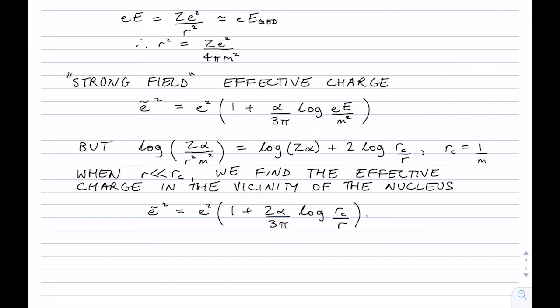By the way, the log Z alpha doesn't matter too much, because it's constant in R and we can neglect it. We also neglected a similar term when we made the original strong field limit for the magnetic field, when we took away the part of the integral between 0 and 1. So this is similar to that.